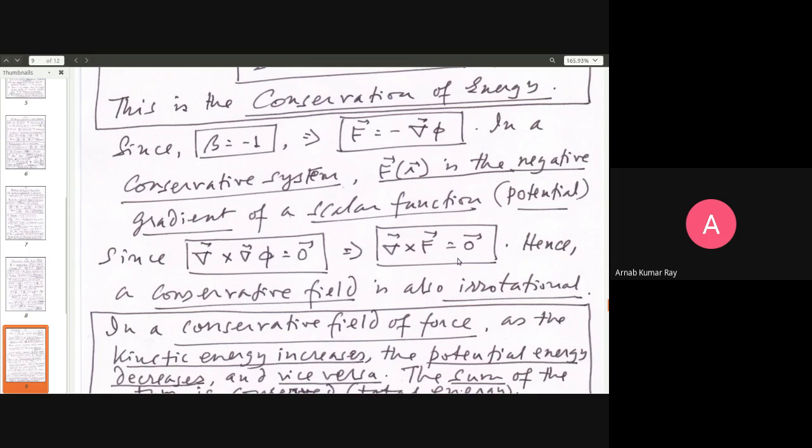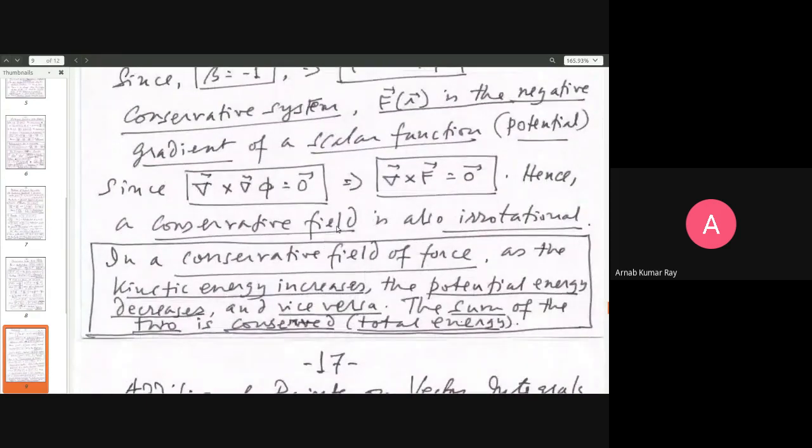We discussed this in one of the tutorials, I think the first tutorial, in which we said that as soon as you see the word conservative, be it understood that you have to apply the irrotational condition. So if you have been told a certain vector A, let's say, is a conservative vector, immediately you will write curl of A is equal to 0. So a conservative field is also irrotational.